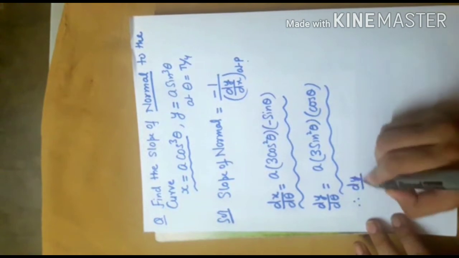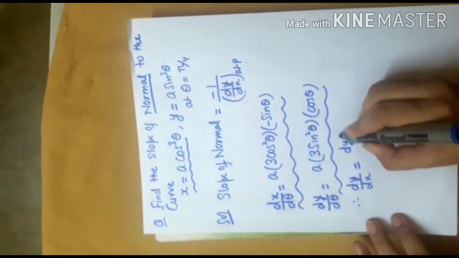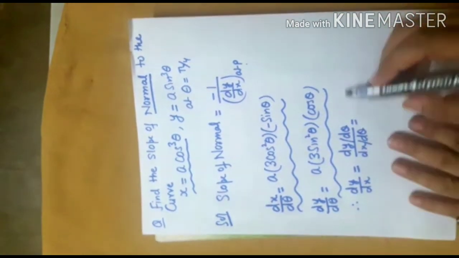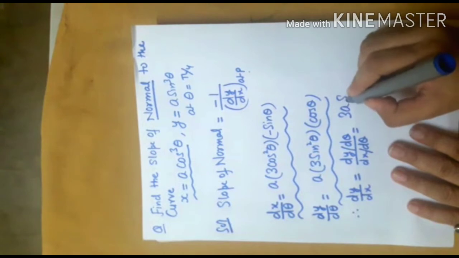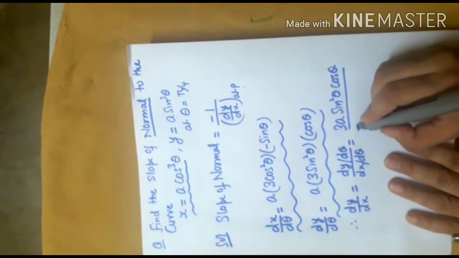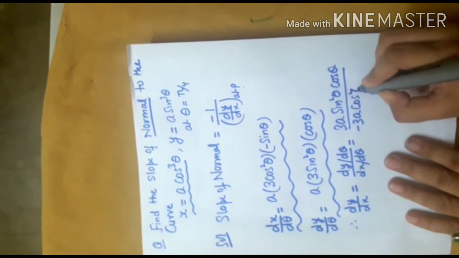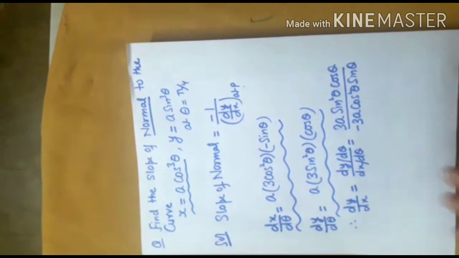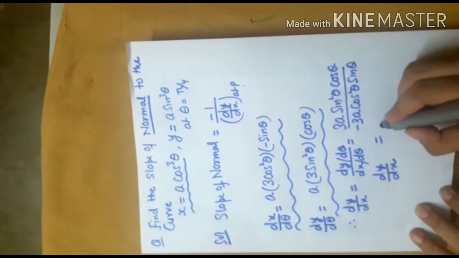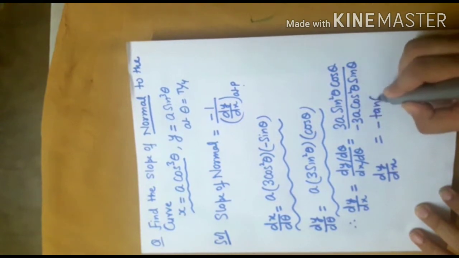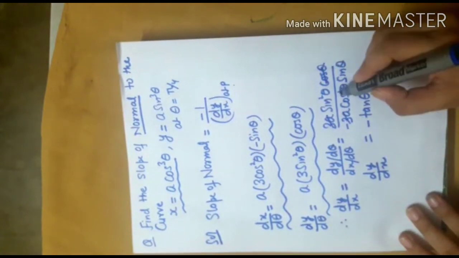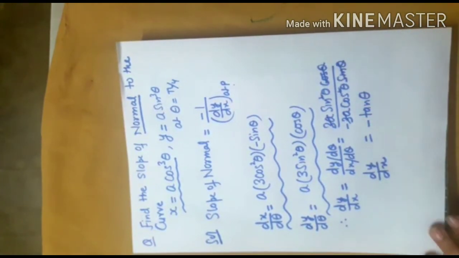So dy by dx is equal to dy by d theta over dx by d theta. Put the values. It's 3a sin square theta cos theta over negative 3a cos square theta into sin theta. On simplification, I'll get dy by dx as negative tan theta. Right? This will get cancelled out, this will get cancelled out, and this will get cancelled out.